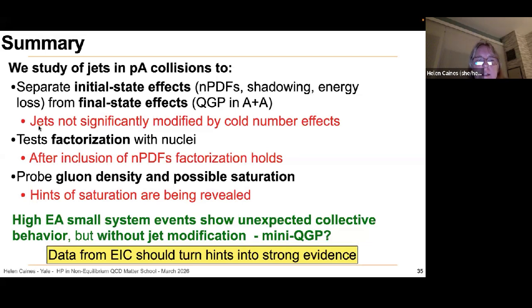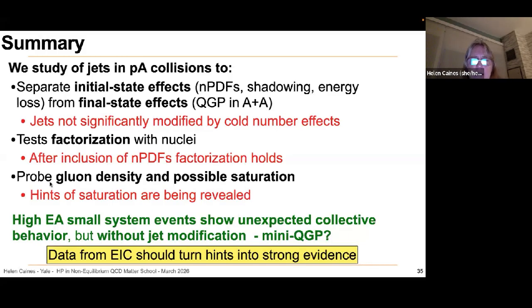We see that jets, the probes that we've been talking about, are not significantly modified by cold nuclear matter effects. Factorization still works, just as it does in pp, as long as you include the nuclear PDF, and the data coming from the LHC and RHIC are making these nuclear PDFs more and more understandable.